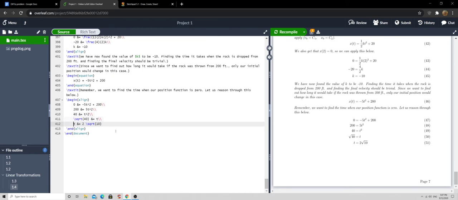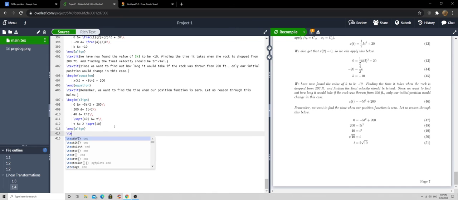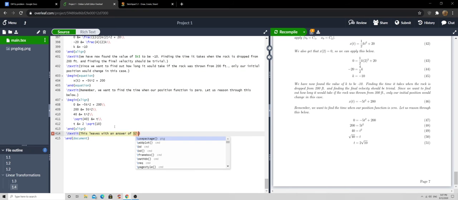And just to make it clear, this text leaves us with an answer of 2 square root 10 for the first part of our problem.